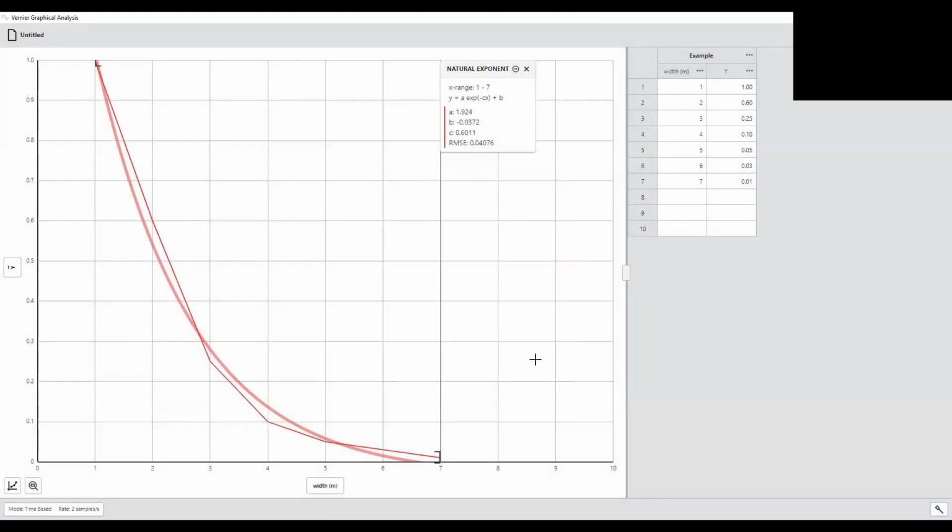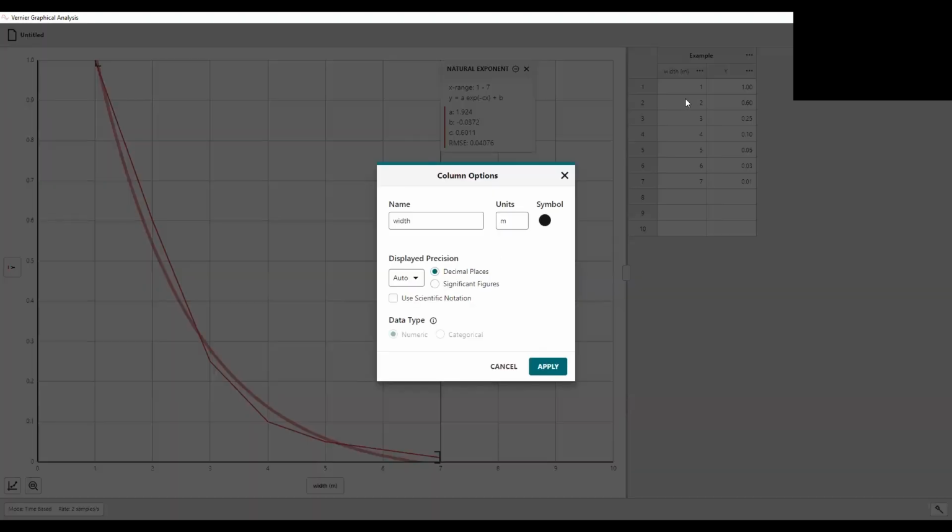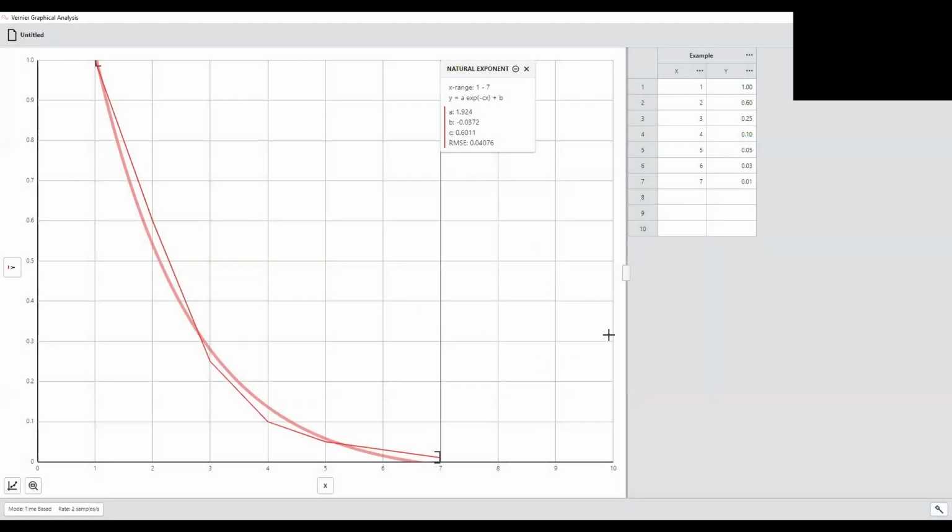Okay, I apply it, and now this axis is called width in meters. I can just rename this again. I will call it just like I called it originally, that was just X. Click on apply, that's it.